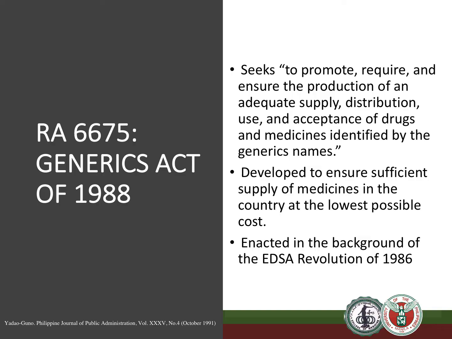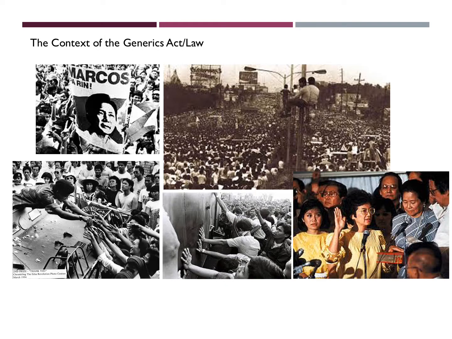And the background of this Generics Act was right after the EDSA revolution, when we had the people power revolution, we just deposed someone who was seen as a dictator. And so Corazon Aquino became the president of the country.